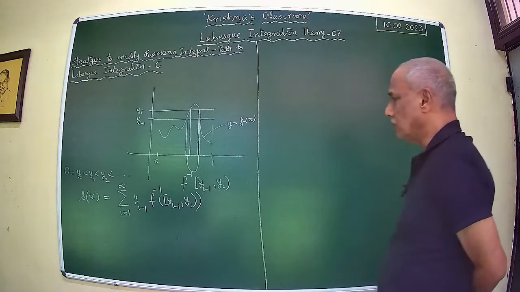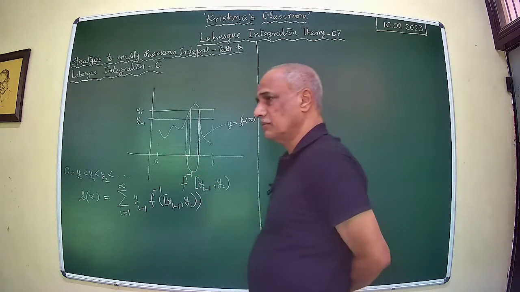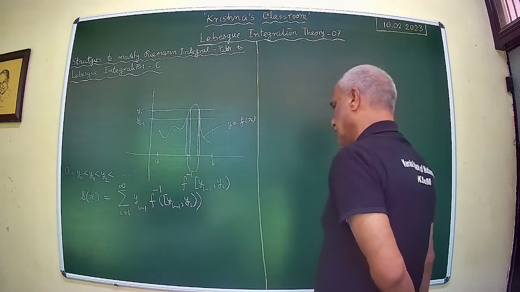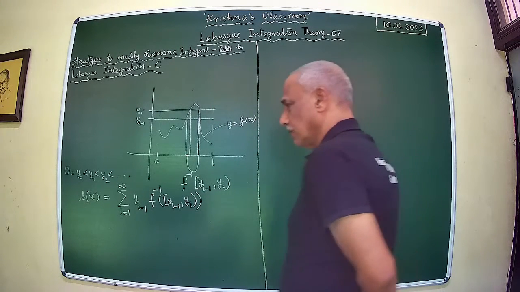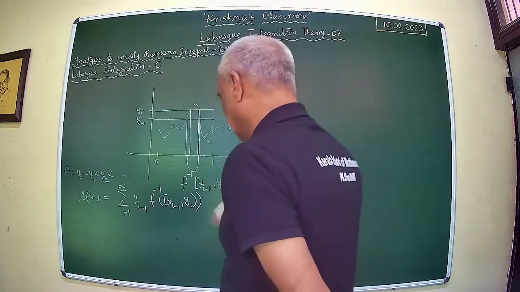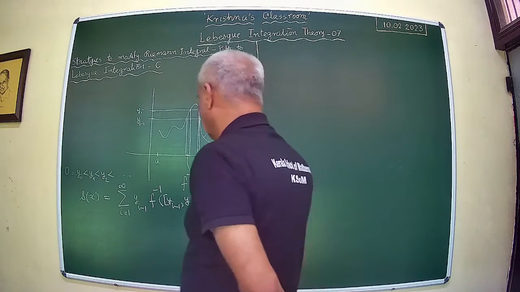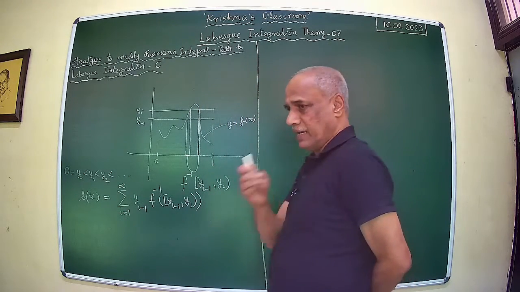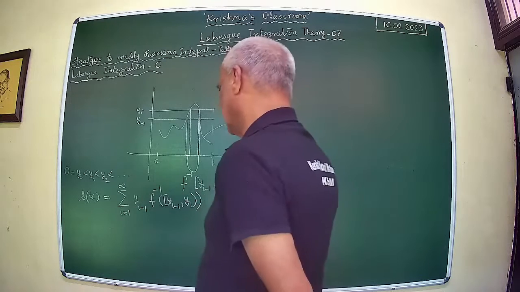And likewise you construct a step function. Now the step function is well defined, may not be able to picture it, but in general you will get a relation like this. And what we hope to do is this.